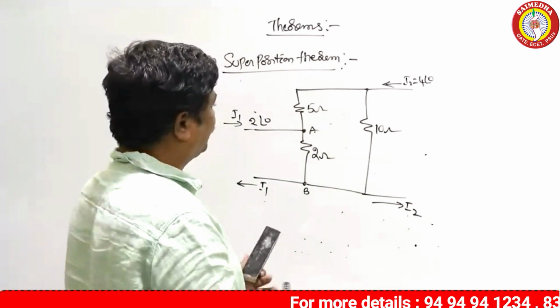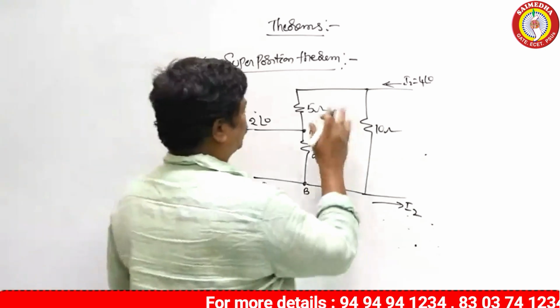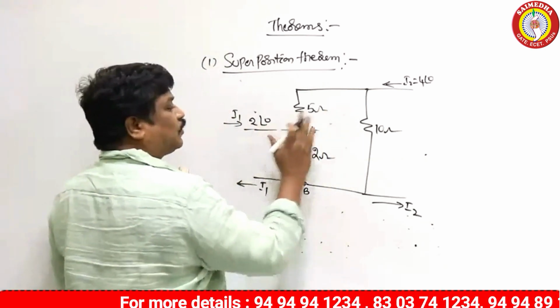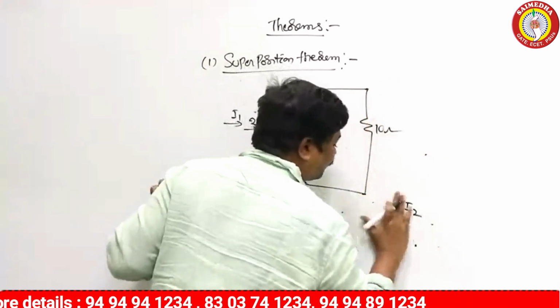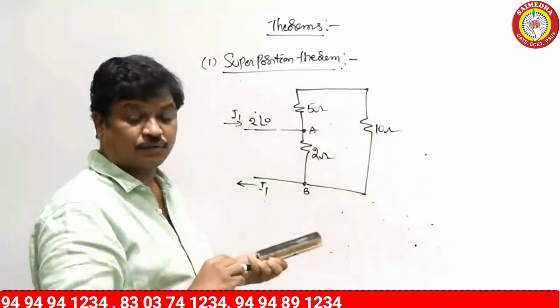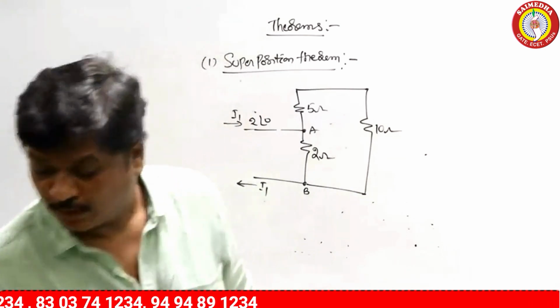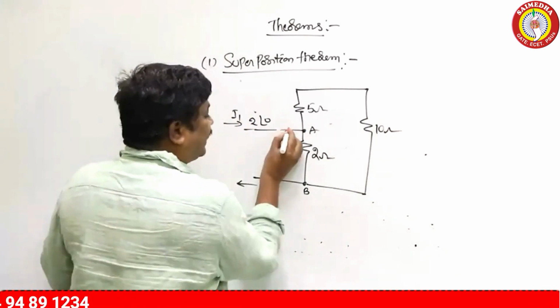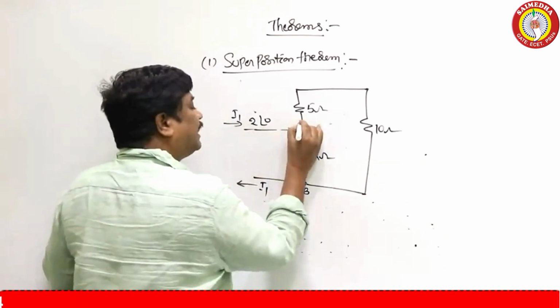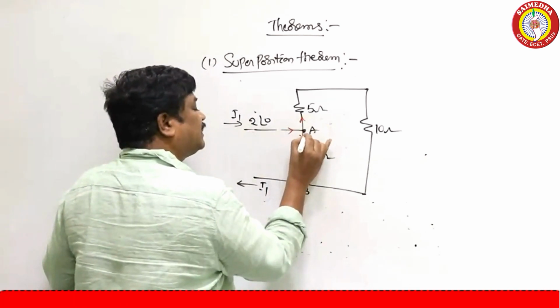See, apply this current source. Under that condition, you make the other source inactive. Once you make it inactive, some current is here, 2 amperes. Current is flowing like this.